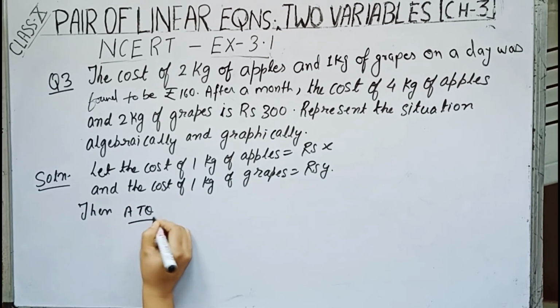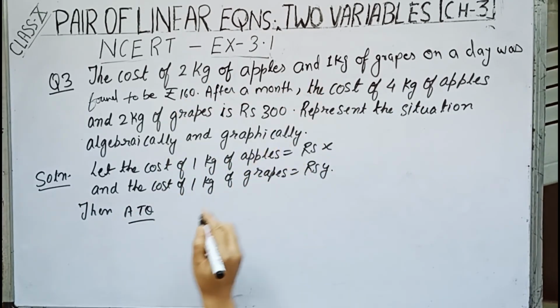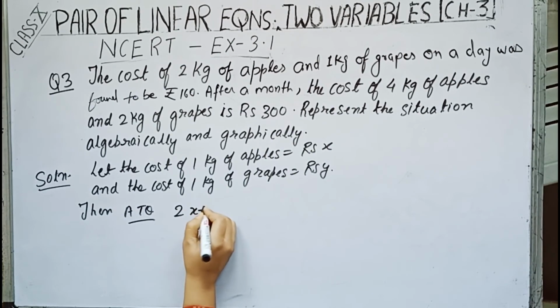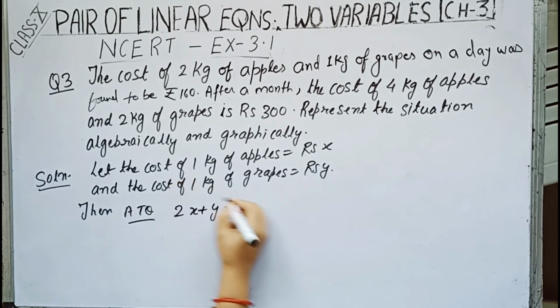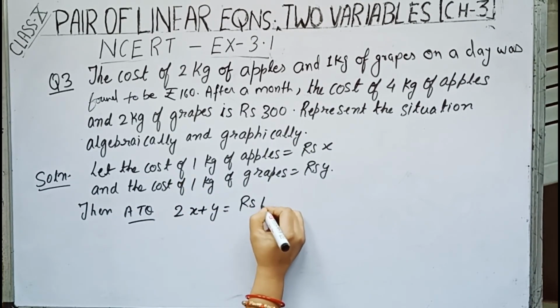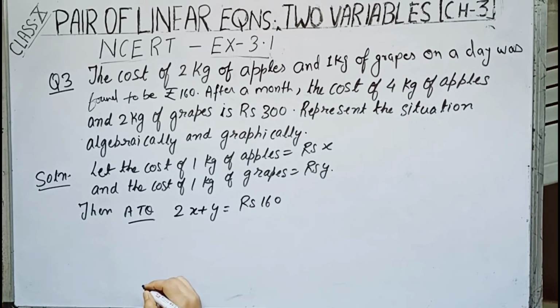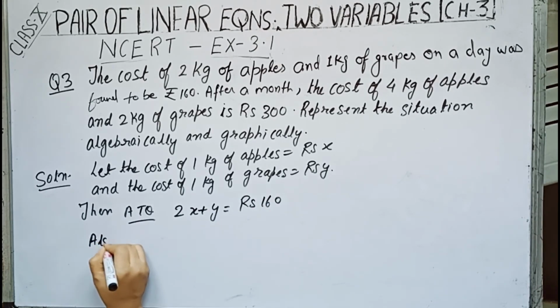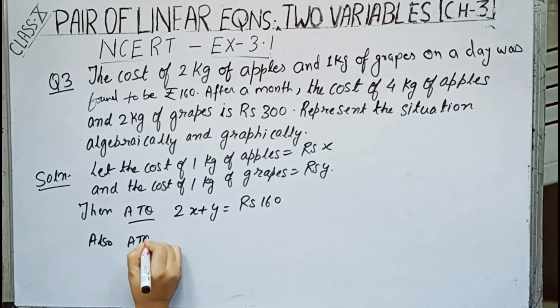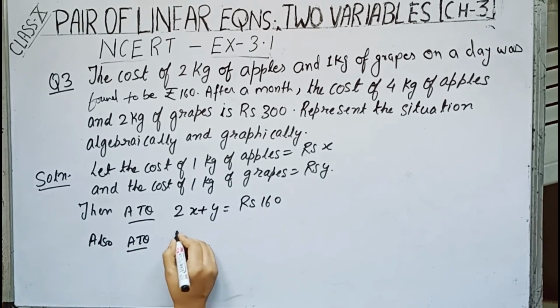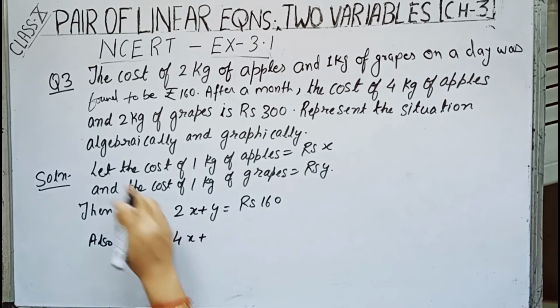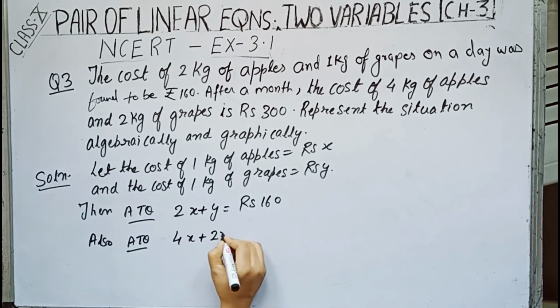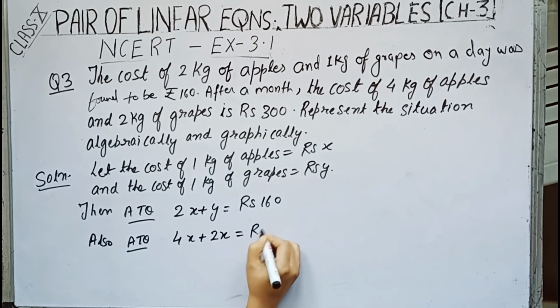Then, according to the question, 2 kg of apples and 1 kg of grapes, so 2x plus y equals rupees 160. Also, according to the question, 4 kg of apples, 4x, plus 2 kg of grapes, 2y, equals rupees 300.